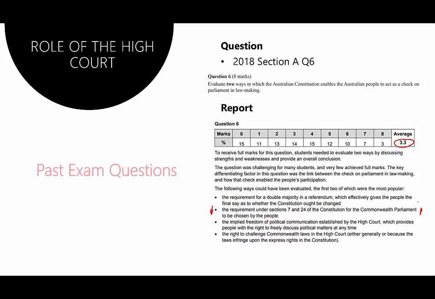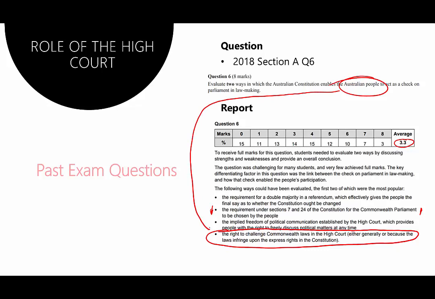But in terms of the role of the High Court, I want to focus on particularly this one, and then we'll look at the one above. The right to challenge Commonwealth laws in the High Court, either generally or because the law infringes upon the express rights in the Constitution. So what the examiners are telling us is, one of the things we need to know about the High Court is it gives the Australian people the ability to check Parliament because you can challenge laws in the High Court.